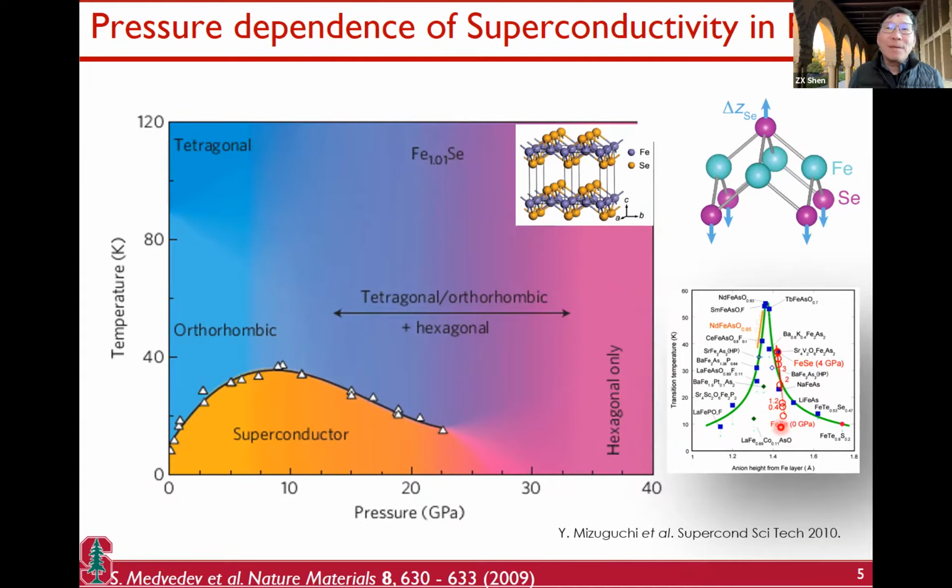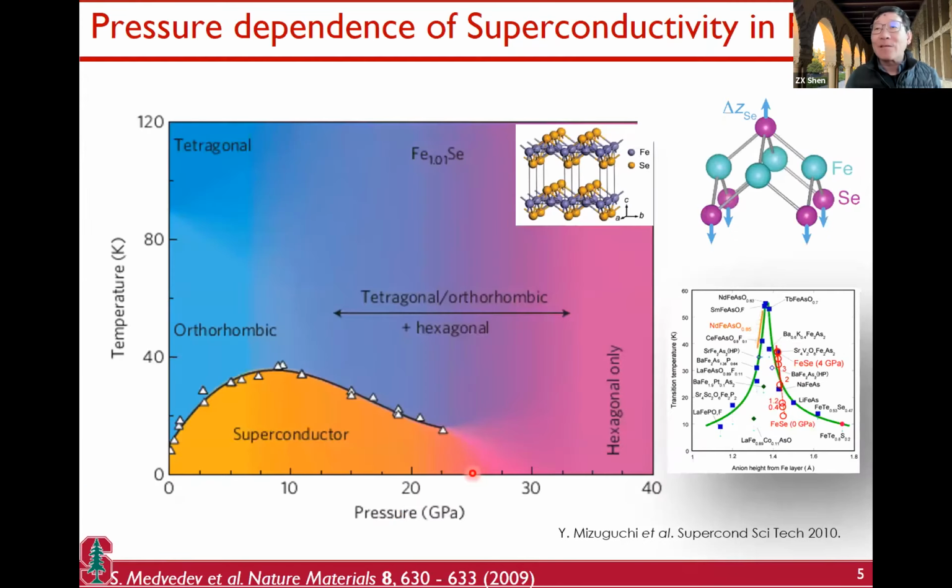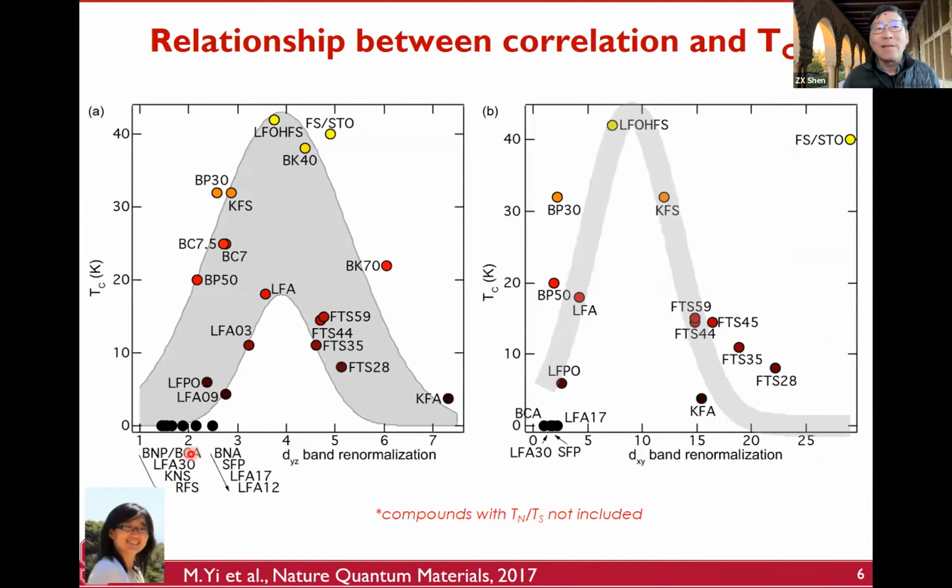Now, this reminds me of some of the work Mingyi did when she was doing her PhD. You can see there's a sort of reminiscence of this shape of the dependence of the superconducting transition temperature. The horizontal axis is the bond normalization, the vertical axis is the superconducting transition temperature, for different orbitals, that's the XY, XZ, YZ, and this is the XY orbitals.